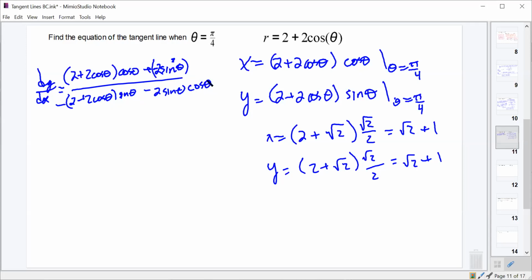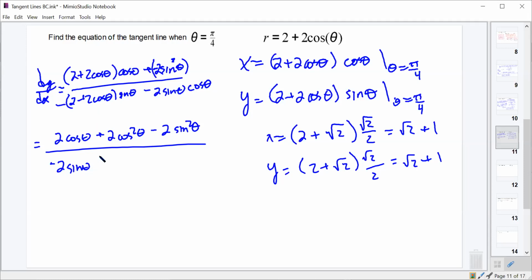And I think it might be easier if we simplify some of this down first. So we got 2 cosine theta in the numerator plus 2 cosine squared theta minus 2 sine squared theta over, and then down here in the denominator, we got negative 2 sine theta, and then minus 2 sine theta cosine theta, which is minus sine 2 theta, minus another sine 2 theta.